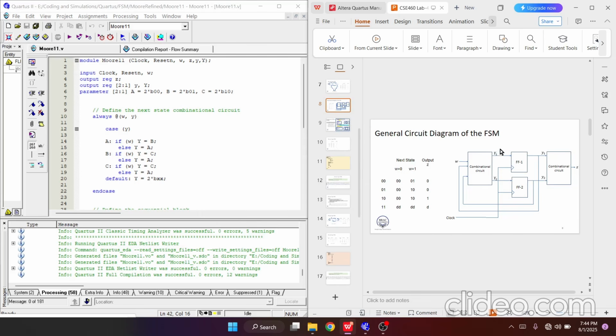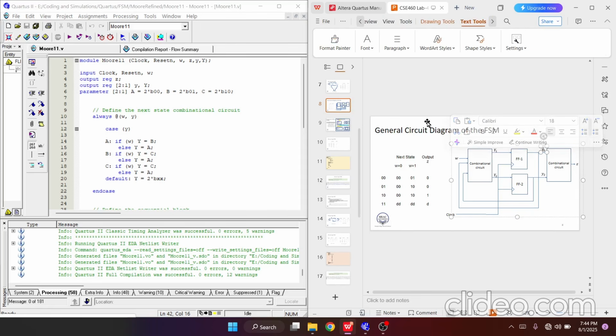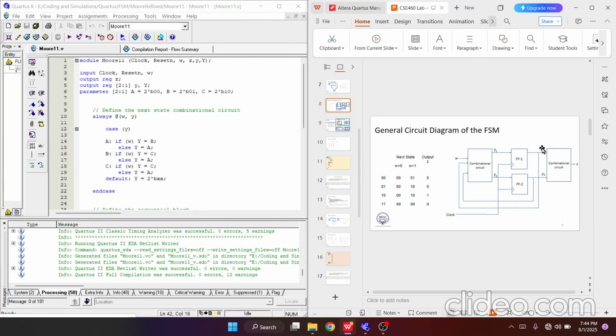Only the small y, which we call the present state, is dependent on the clock edge. That means in the output waveform, we will see that only the small y values will depend on the clock edges, and on the other hand, the capital Y and Z will not depend on the clock edge; they will be just combinational logic.